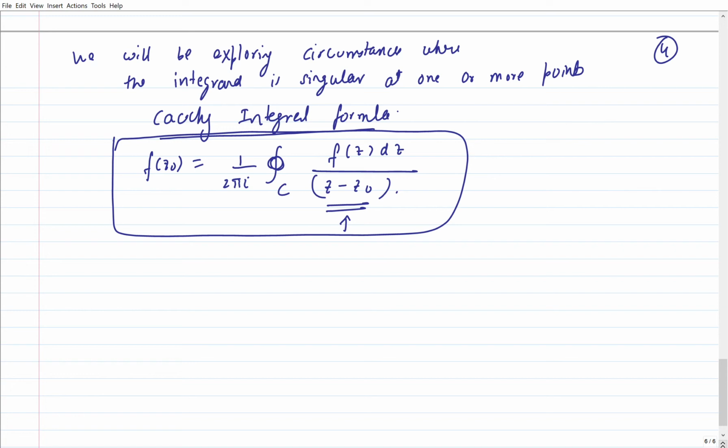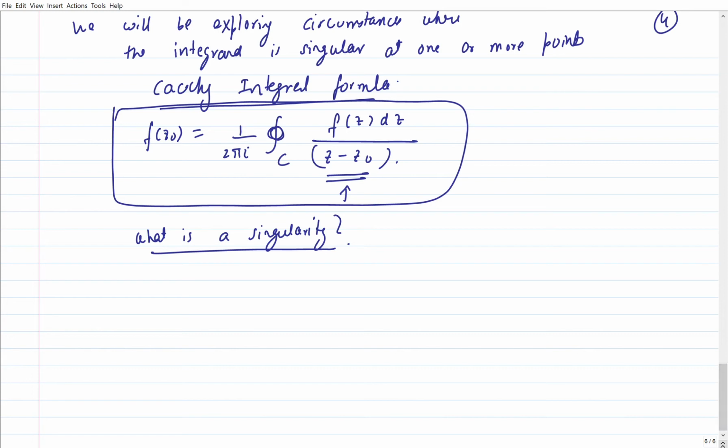But before that, let's take a short detour towards what do we mean by singularities? What is a singularity? Well, points that are not analytic are referred to as being singular.